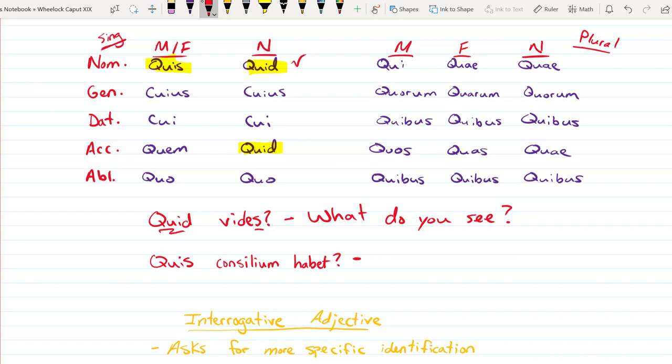Instead of looking for something specific like what book do you see? Same thing here, we have quis. Okay, so it's going to be, who has a plan. We're not saying what specific person, just who out of everyone has a plan there. Okay, so noticing that there isn't another noun that's going with these should be helpful.